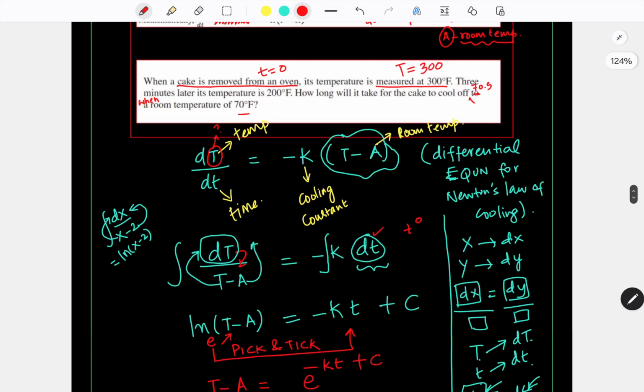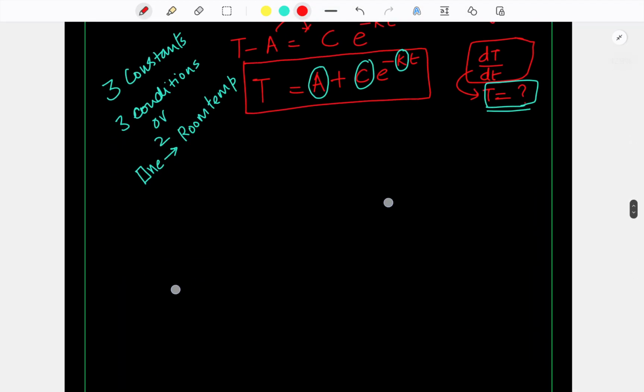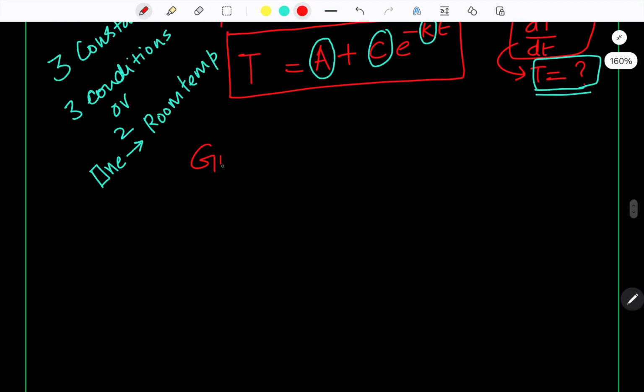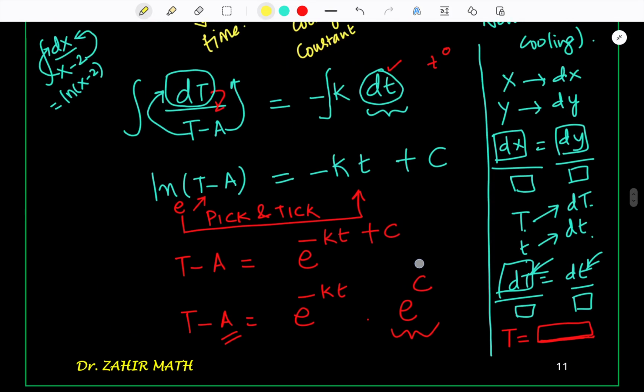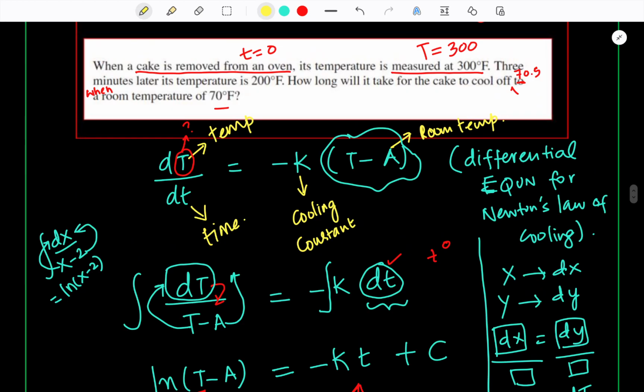So now let me write what is given. t is equal to 0, capital T is equal to 300. I'm not putting Fahrenheit or Celsius, just write the value itself. The units are not necessary.